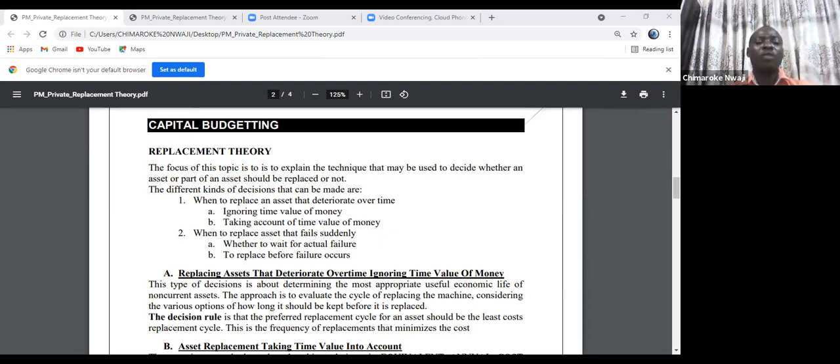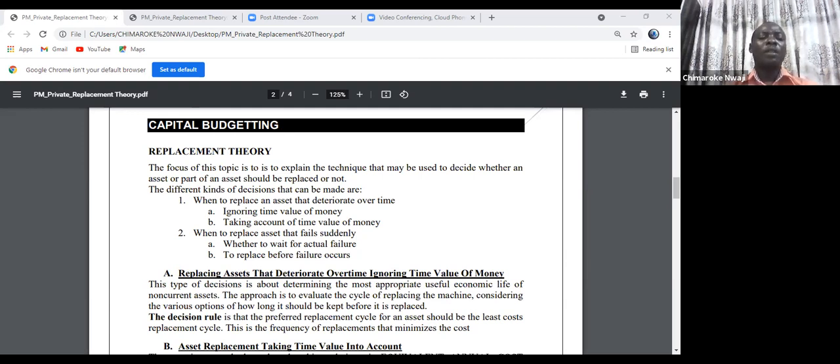Under that, there are two kinds of decisions: whether to wait for when an actual failure occurs, then you replace it, or should you replace the asset before the failure occurs. In this class, we are not going to take this second part. We'll be looking at when to replace an asset that deteriorates over time. We're going to take questions on that, but we'll discuss the two.